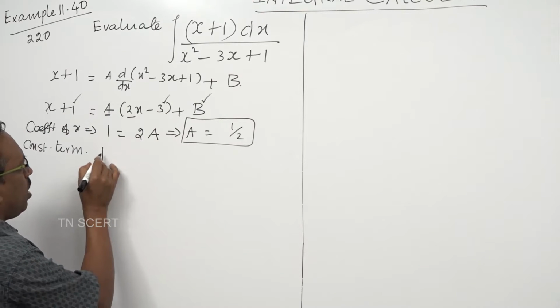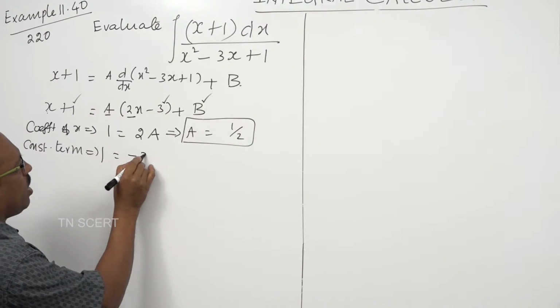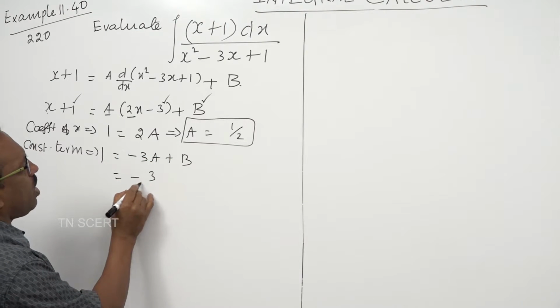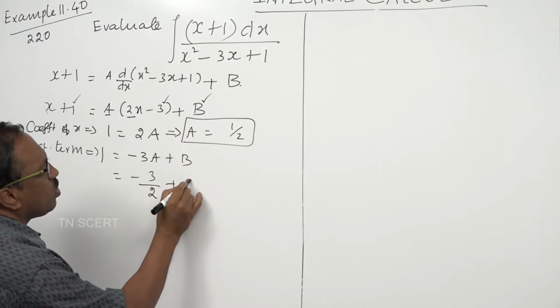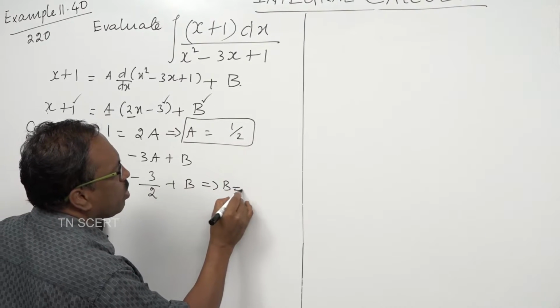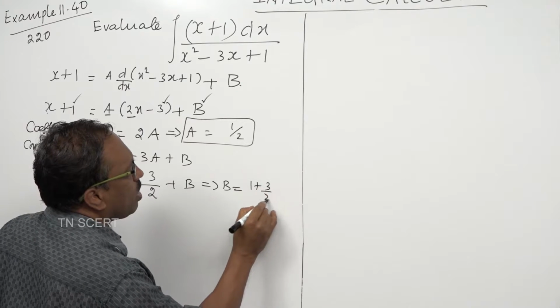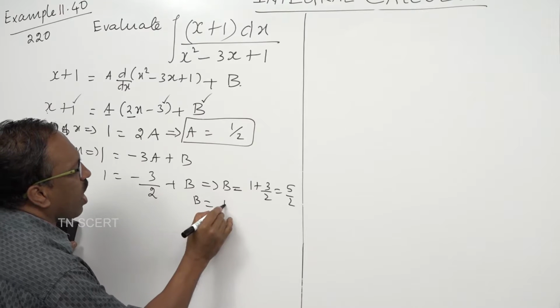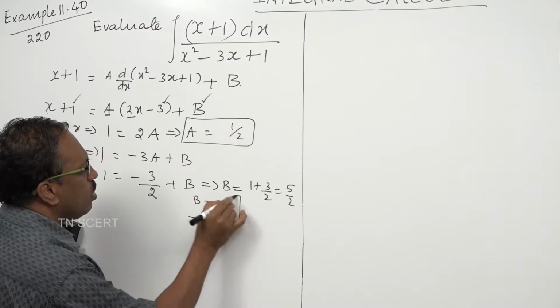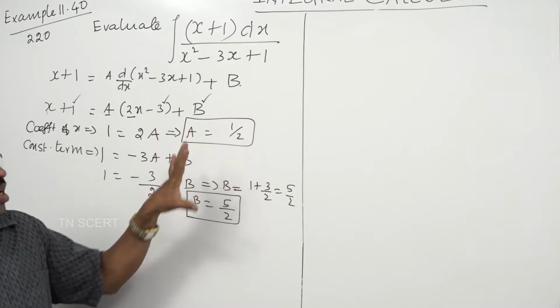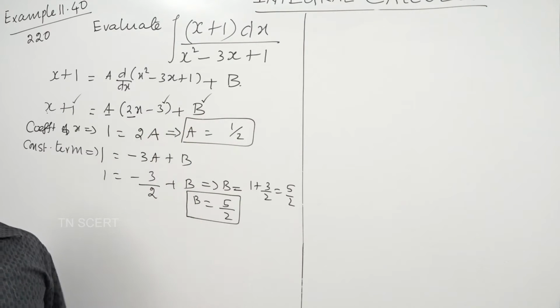So 1 = −3A + B. As we already calculated A, B is equal to 1 + 3/2, which is nothing but 5/2. So B is 5/2. We have taken the time to calculate the values of A and B.